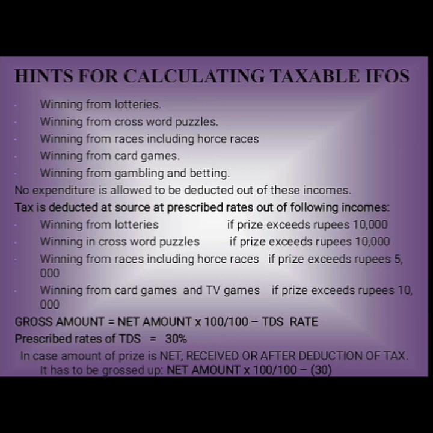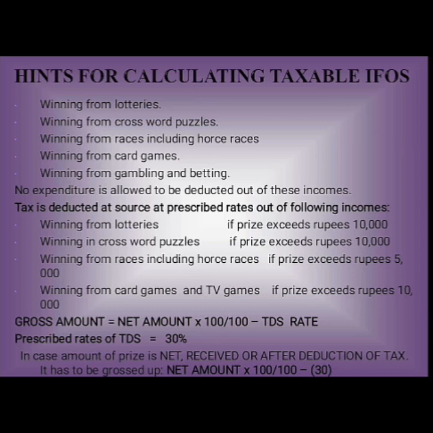For certain income sources, the gross amount should be considered for taxation purposes. To find out the gross amount, the following formula should be used. Gross amount is equal to net amount into 100 divided by 100 minus TDS rate.